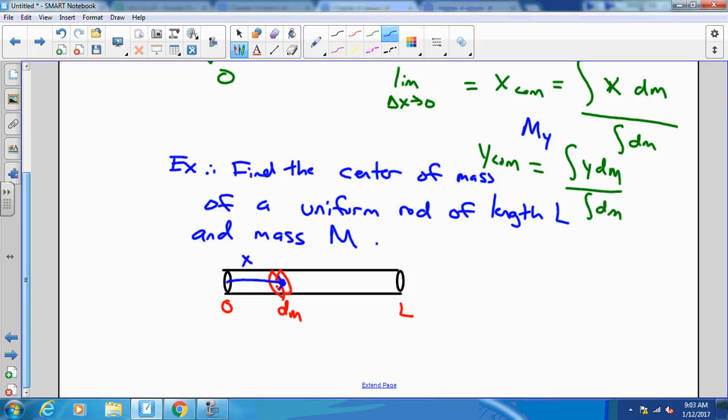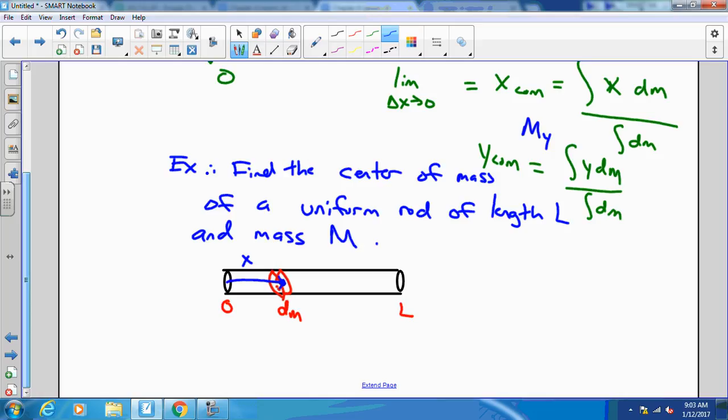Notice that if this piece dm is representative, then it is at an unknown location x, measured relative to the origin right there. And notice also that we get dm by chopping up this rod into lots of equal pieces.